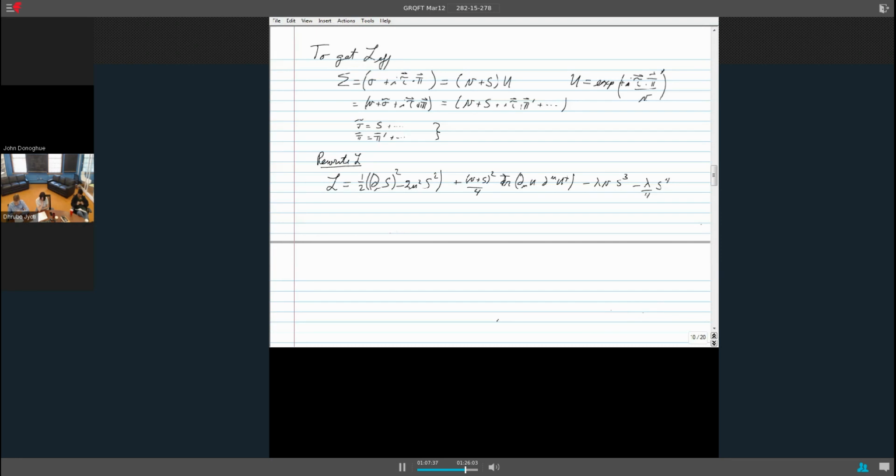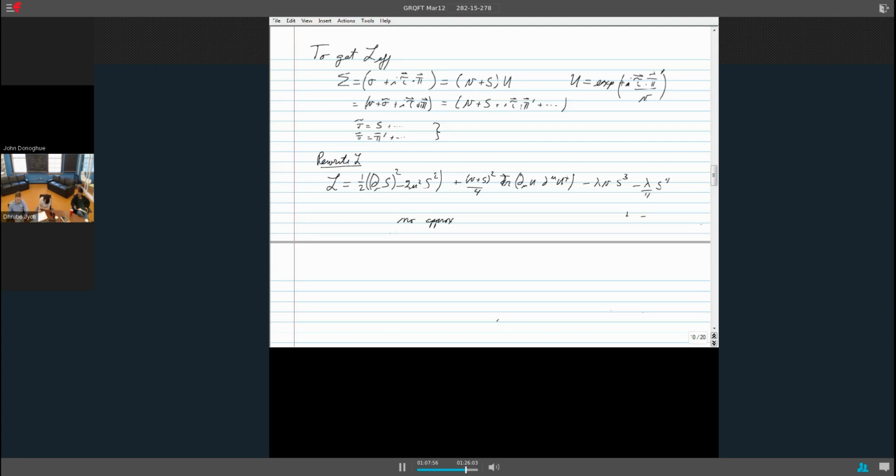And then the kinetic energy pieces that were d mu sigma: without any approximation, I had d mu sigma dagger, d mu sigma.